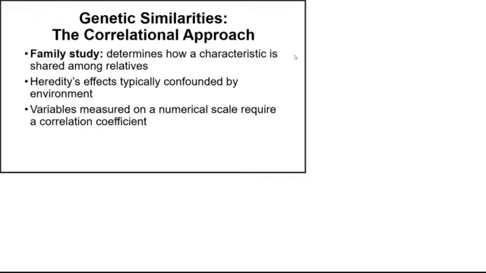So if we were looking at something like anxiety, we could see how many of those circles and squares on our pedigree are filled in, showing that they have that trait. And then we could look at, okay, are people who are more closely related more likely to share a trait than sort of random other people?